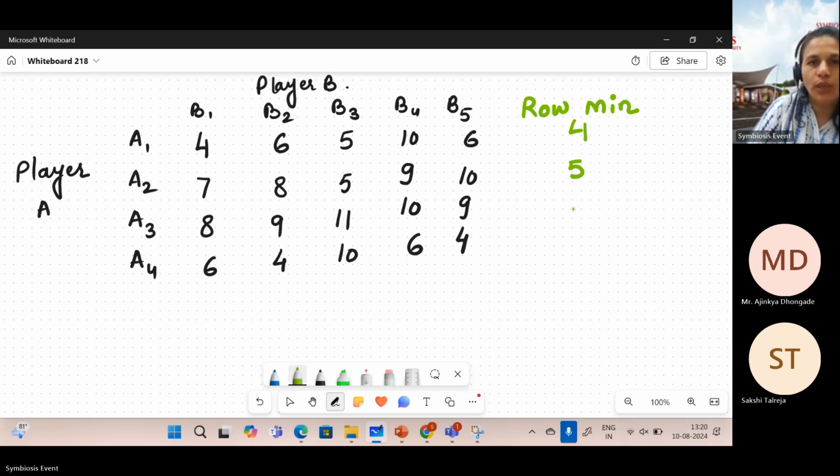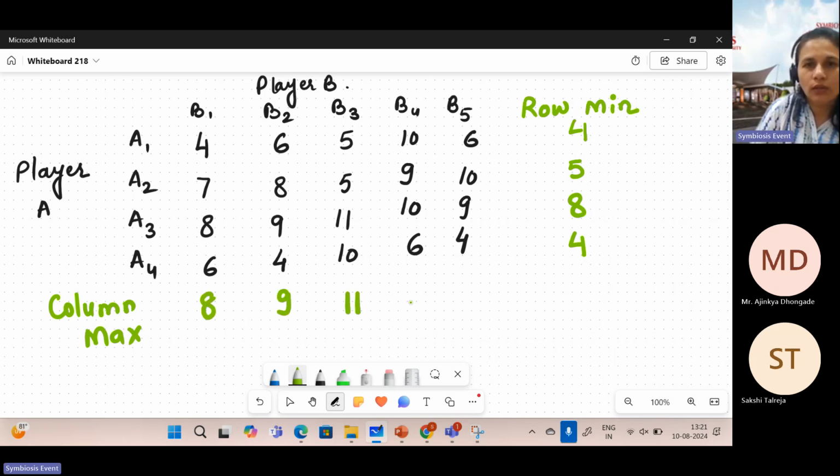Third row, minimum value is 8. Please correct me if I'm wrong anywhere. Fourth row with the minimum value 4. So you got 4, 5, 8, 4. Done. Then you call here column maximum. Column maximas are 8, 9, 11, 10, and 10.